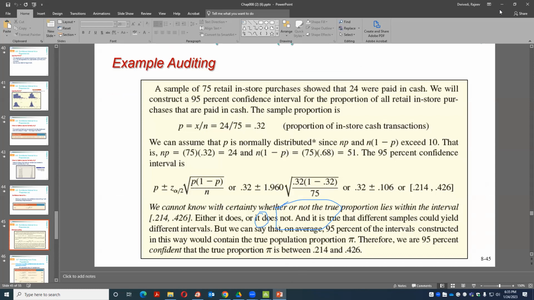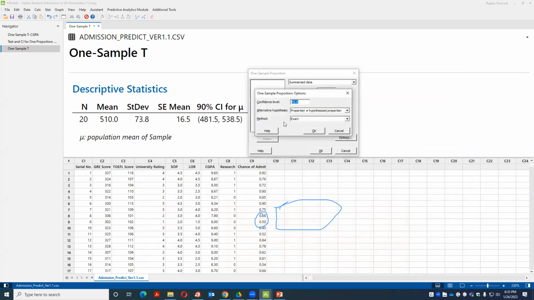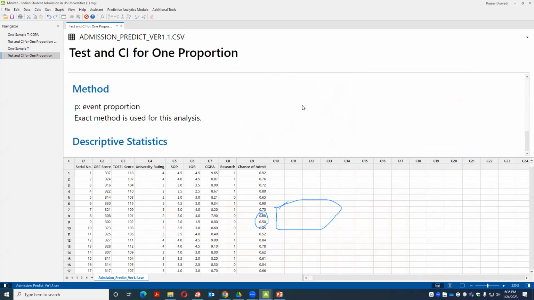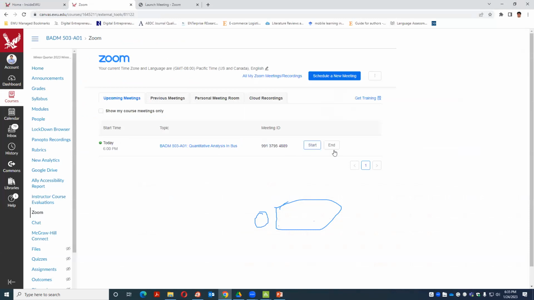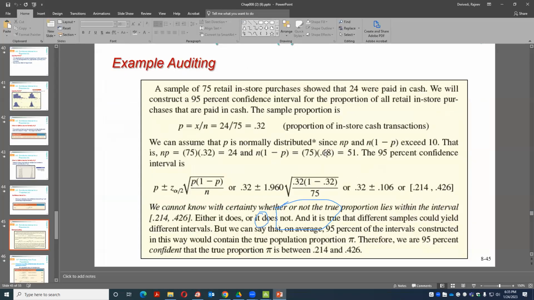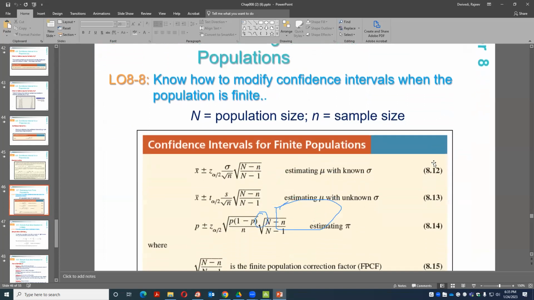So 24 divided by 75, and again 95%. You can see the 32% sample proportion and the confidence interval. So basically, this is the confidence interval for proportion.